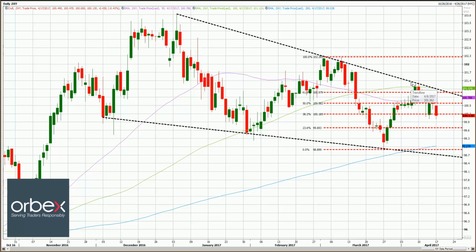So that's why we keep our forecast, or the view for the US dollar, on the downside, especially as the yearly trend line is on the downside and remains solid for the time being.